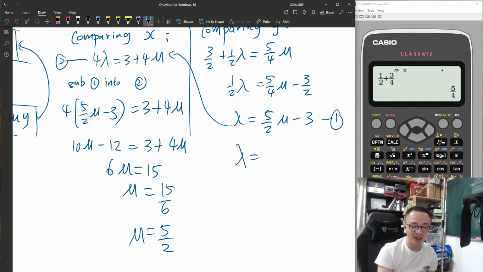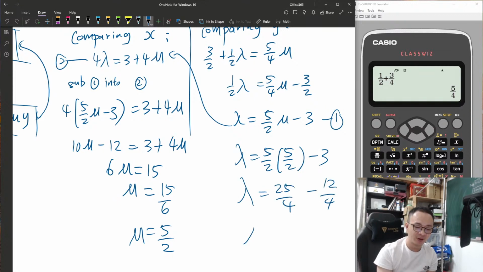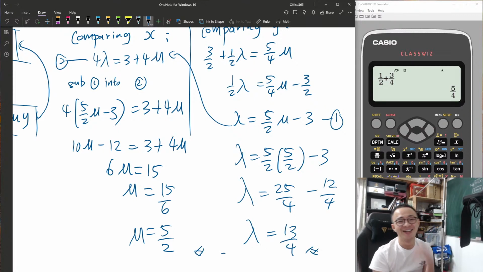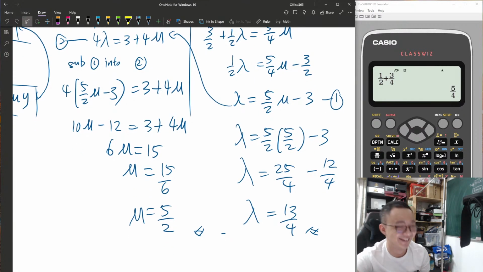Then my lambda equals 5 over 2 times 5 over 2 minus 3, which is 25 over 4 minus 12 over 4, so 13 over 4. Is my answer correct? Don't tell me I did it wrong. I'm going to be very sad. Oh my god, genius. Both correct.